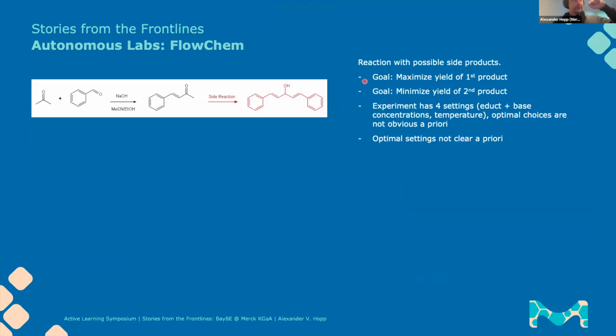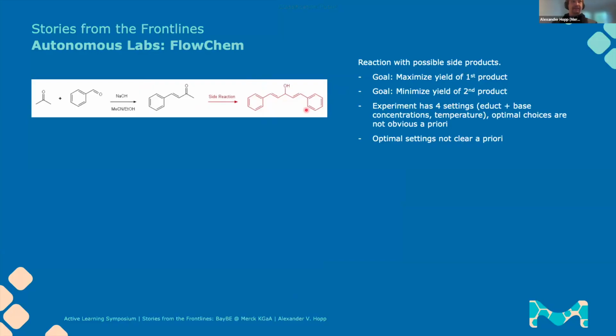What we are doing in this experiment is that we have a reaction that you see here on the left, and there are two products. There's the first product and there's the second product. What we want to do is maximize the yield of the first product, while minimizing the yield of the second product.